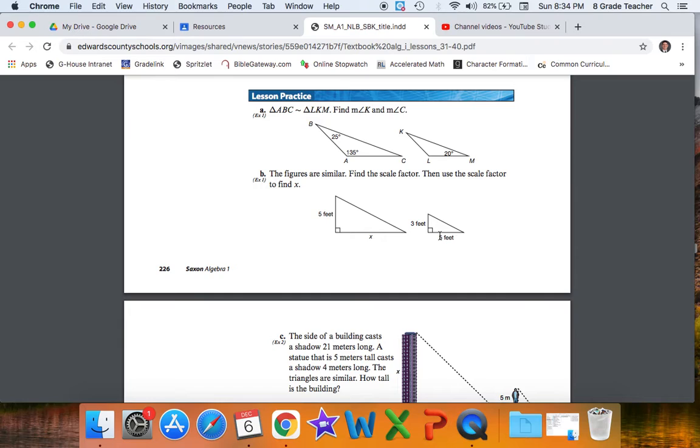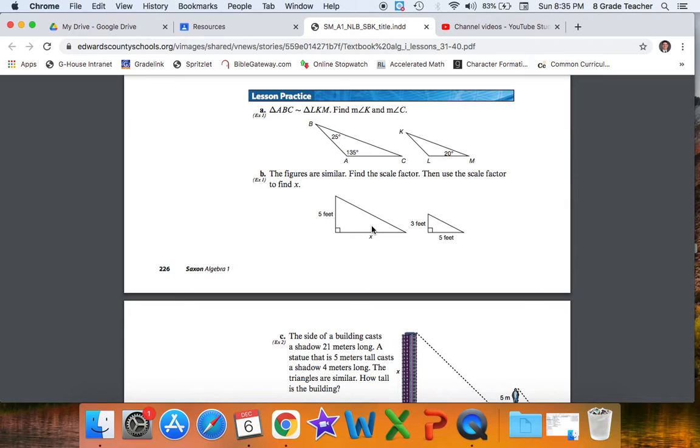We have a missing variable, so we're going to cross multiply and divide. 5 times 5 is 25. So this is going to be equal to 25. Sorry, that's not right. 5 times 5 is 25, and 25 divided by 3 is going to be your answer for x.